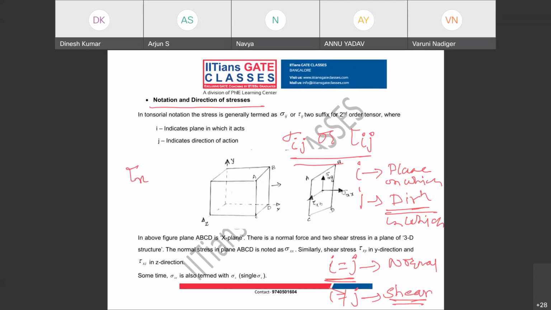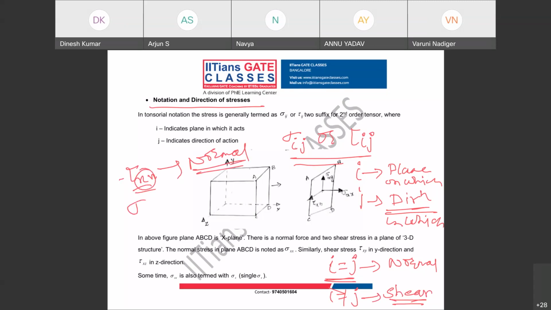Suppose I wrote tau xx. Is it shear stress or normal stress? Normal stress. Exactly. In your GATE exam, in one of the questions, they have written everything in terms of tau. So tau doesn't decide it. What we have to see here is the suffixes i and j.